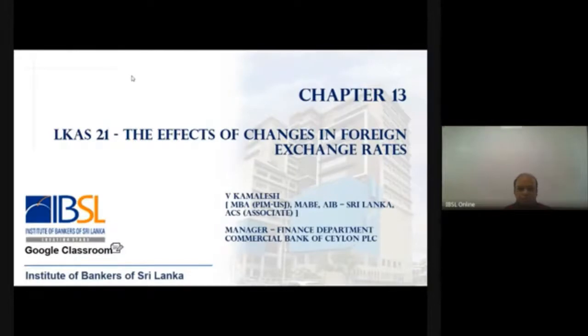Now the fluctuation in exchange rates has an impact on the financial statements. So that is what we are going to look at by way of this LKS 21 standard. But for exam purposes, this doesn't have a big bearing on your examination, because so far I think it has not been tested to a great extent.